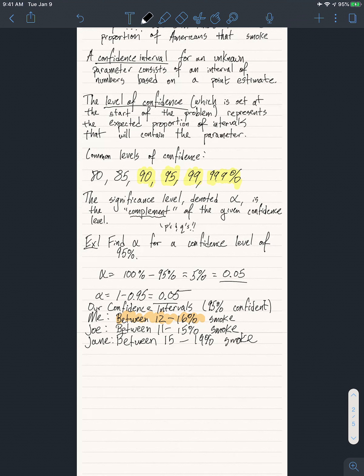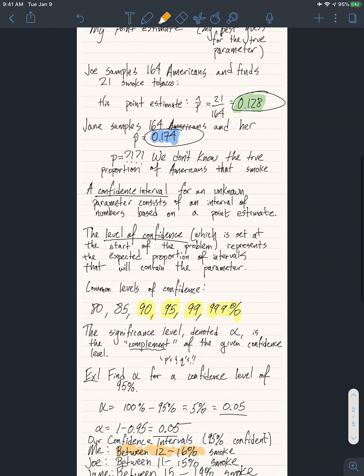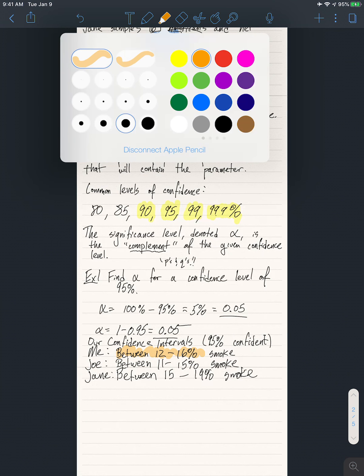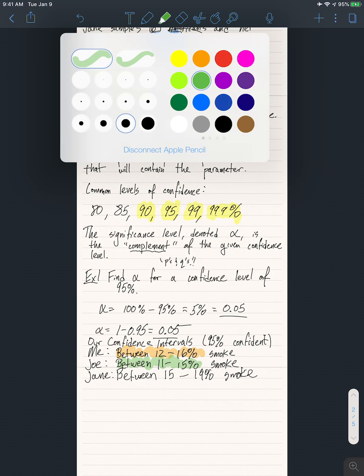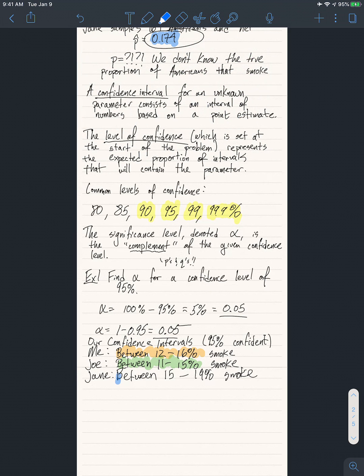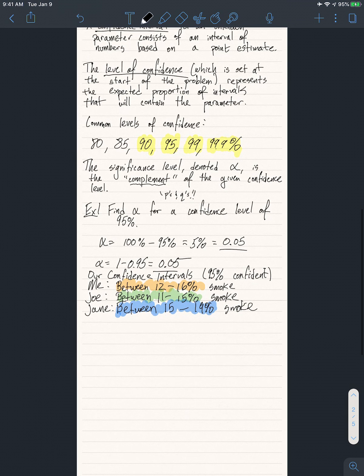All right, so we're going to do this math magic to come up with these intervals in a little bit. Don't worry just yet. I used green for him, and I think I used blue for her. But you'll see, since we all got different estimates, we're going to end up with different intervals.